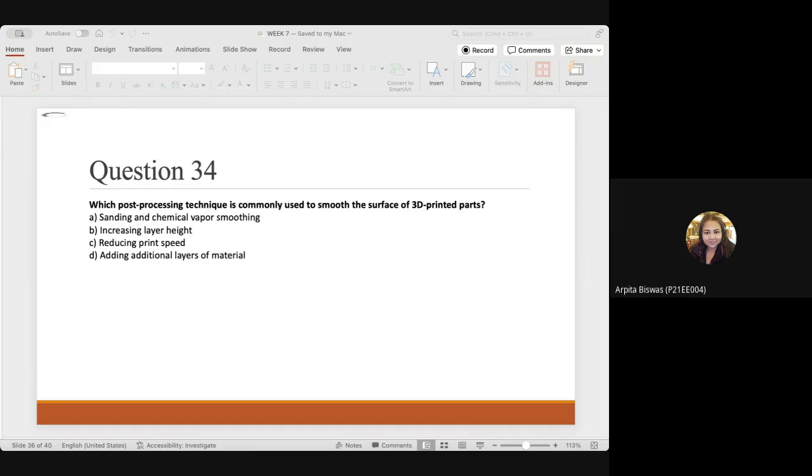So what is the right option here? Question number 34. The right option is option A, sanding and chemical vapor smoothing.